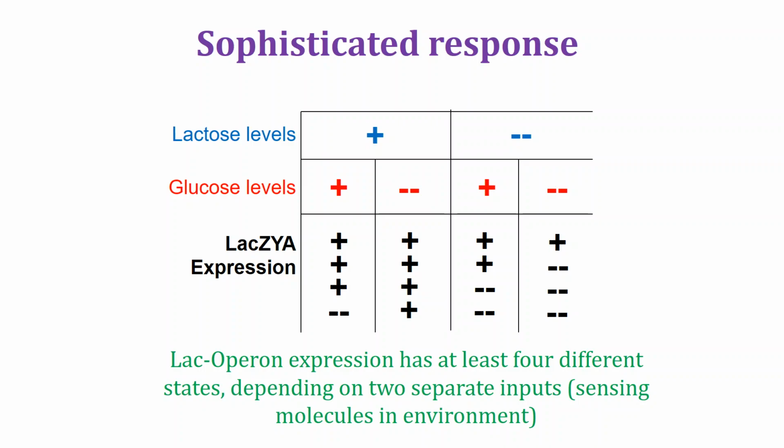By layering different types of DNA binding proteins on top of each other, we're able to get a more sophisticated type of response. Here we have not only high expression and low expression of the gene, but intermediate levels depending on the exact amounts of lactose and glucose.